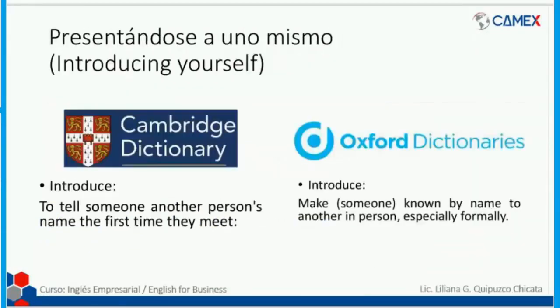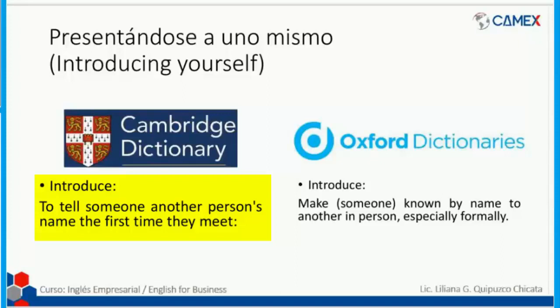So after this, we have introducing, how we introduce ourselves. Again, because it is a new word that we are learning, we're going to search it in dictionaries. To introduce is to tell someone another person's name the first time they meet.